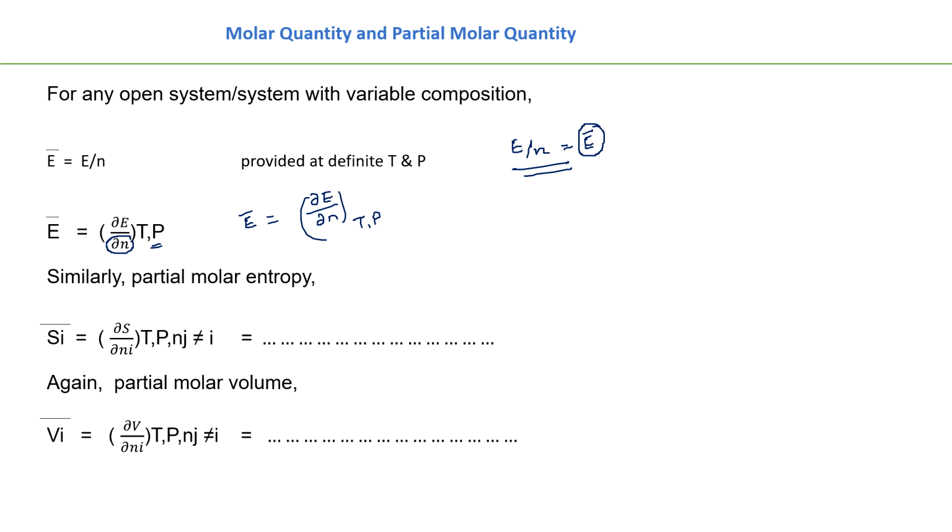So if we want to know the partial molar value of an extensive property E for a particular species within the solution, then we'll use this partial molar quantity concept. Okay, we'll explain.